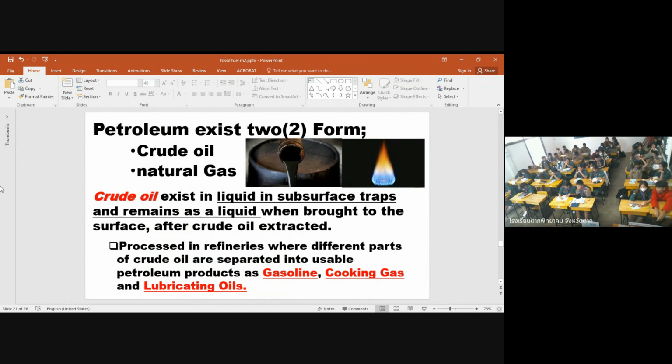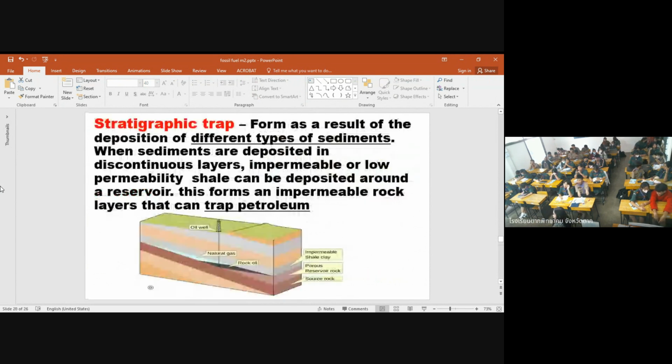Crude oil exists as a liquid in subsurface traps, and remains as liquid. You know what a subsurface trap is, right?